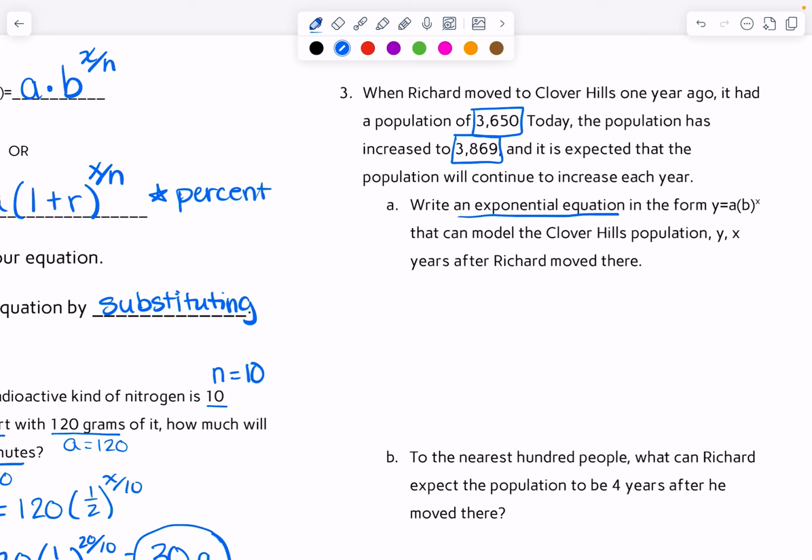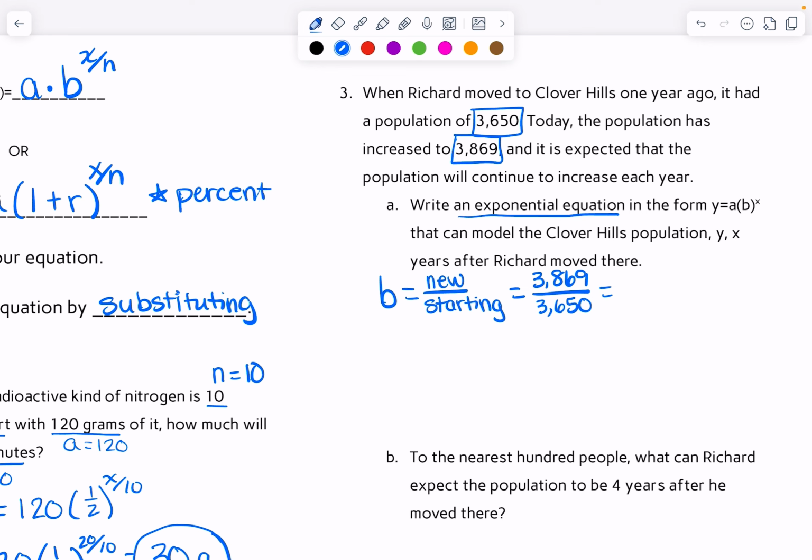So what we can do to find the base, b, is to take the new value and divide it by the starting value. So in this case, that's going to be 3,869 divided by 3,650. And that's going to give us the whole base here.